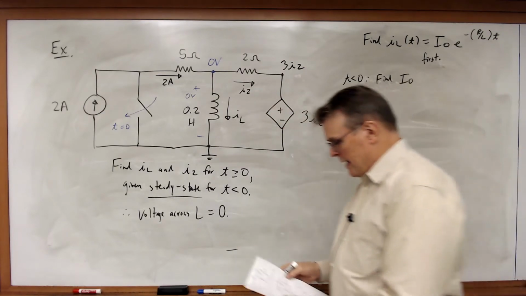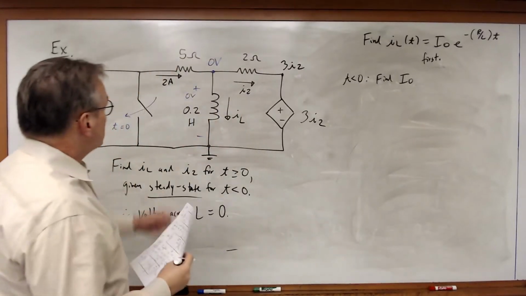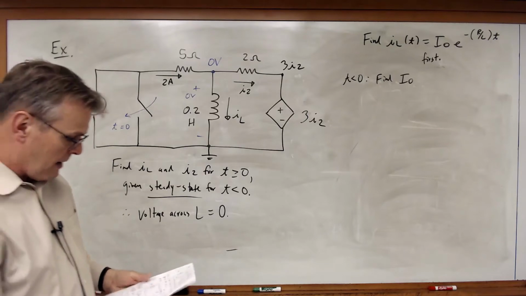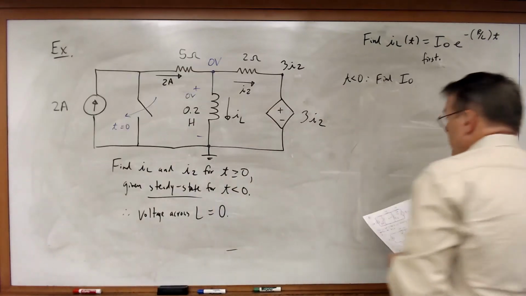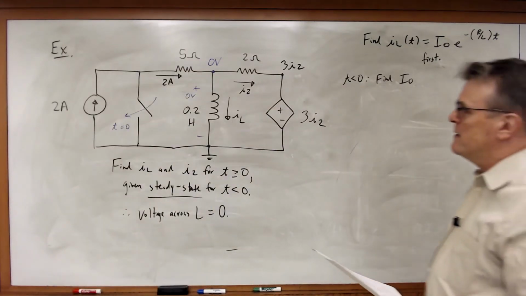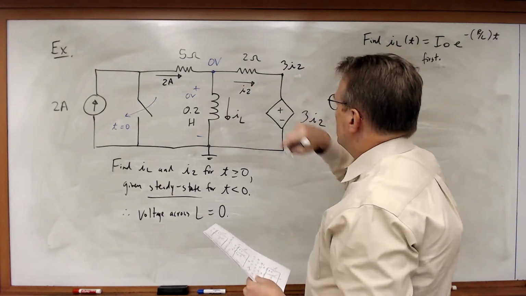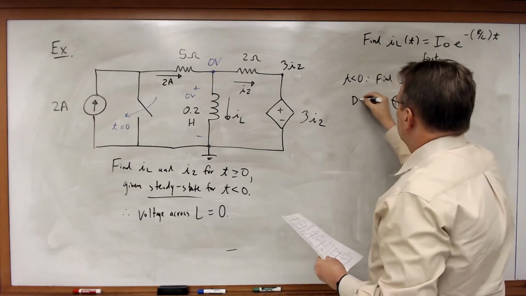Let's go through, and in this case, the directions of the currents are already very apparent, so I can go ahead and write my KCL equations. Looking at this, I'm going to write my dependent source variable equation first.